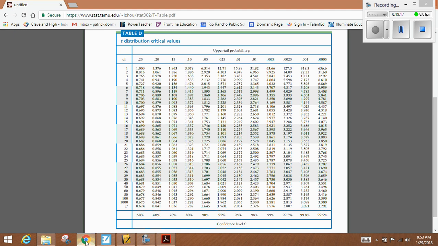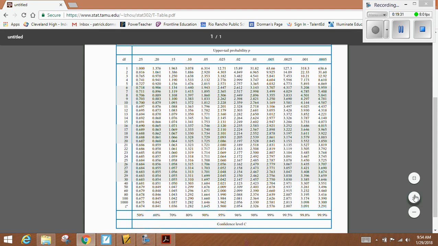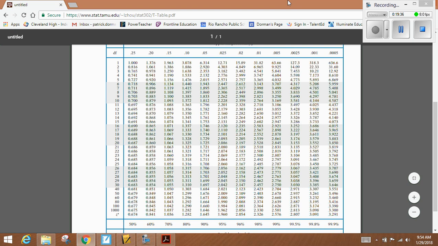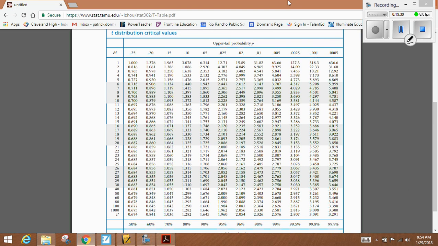So from now on, rather than going to your Z table, if you want to find a level of confidence, we're going to go straight down to the bottom of this table here, and we'll get a value. So this is where we're going to get our critical value. So at 95%, this is our critical value Z star that we're going to use.